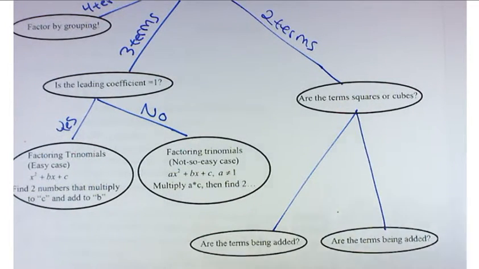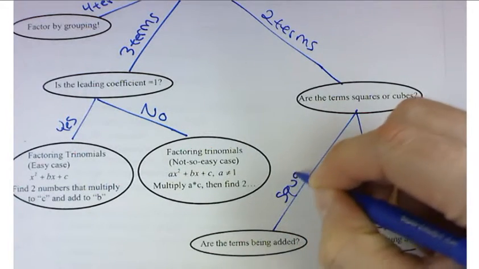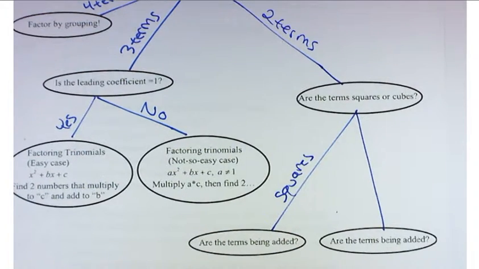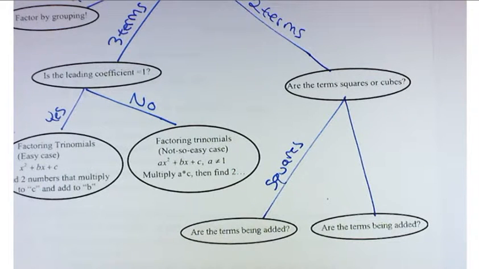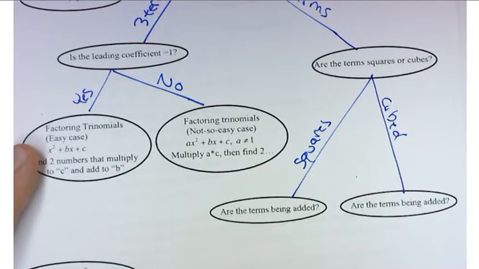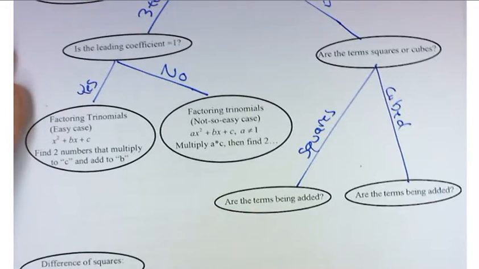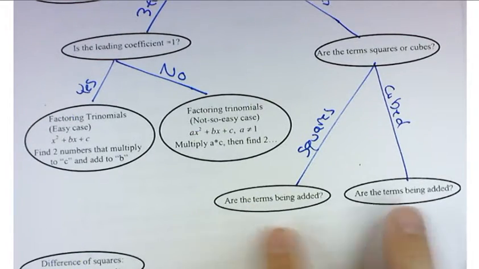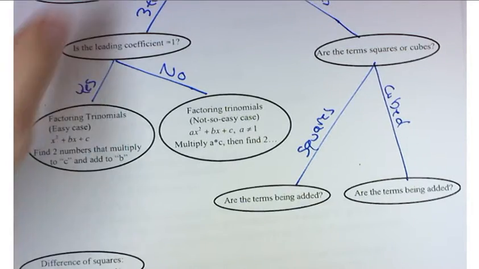So if you're dealing with squares, things that are squared, numbers that are squared, then it's going to be this branch. If you're dealing with things that are cubed, then it's going to be this branch. And how you factor beyond that depends on the answer to the next question. Are the terms being added or are they being subtracted?